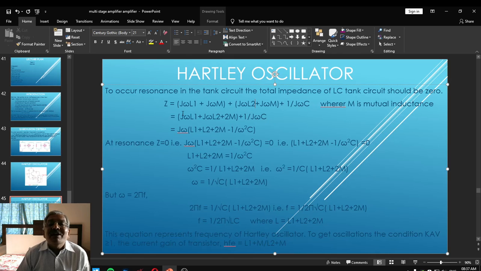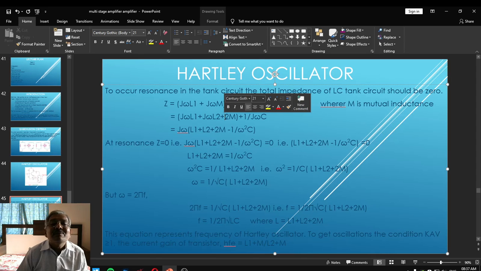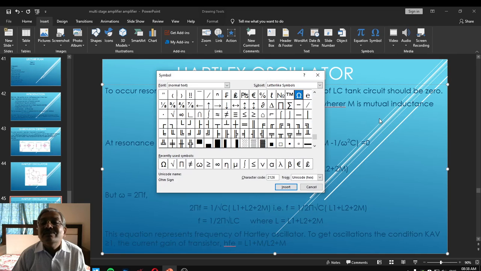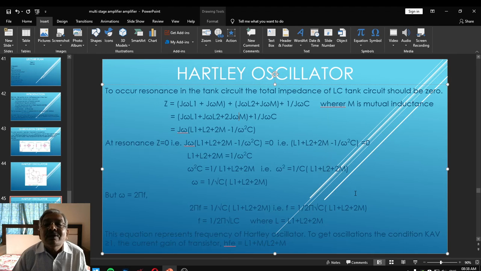By separating the j omega terms, j omega L1 plus j omega L2 plus 2 times j omega M, plus 1 upon j omega C. We have combined all these terms together.